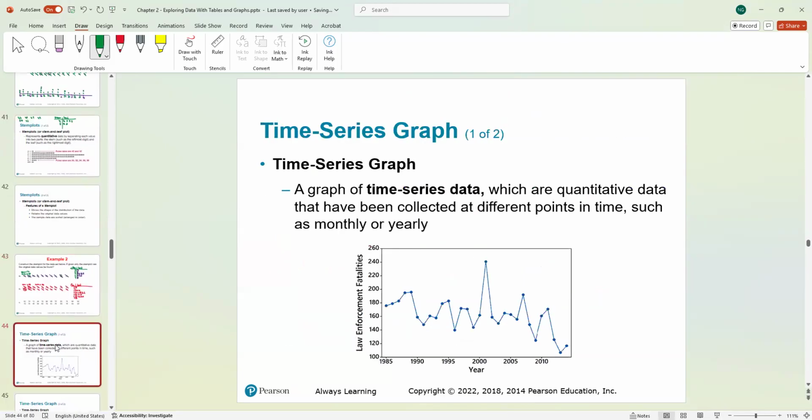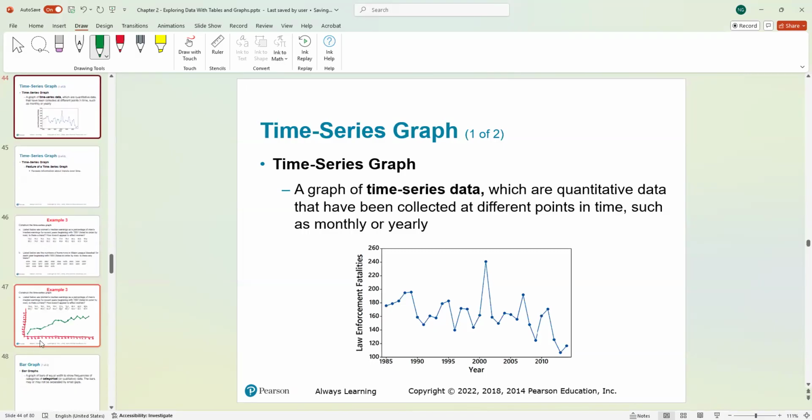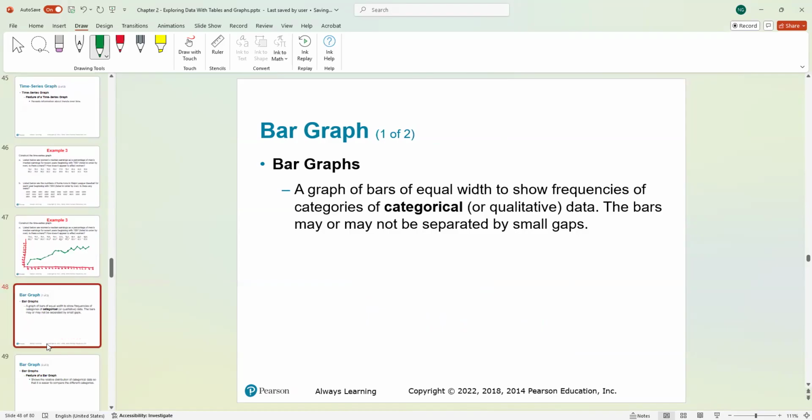We also completed a few exercises on time series graphs, another wonderful graph that we can use to display quantitative data. All three graphs that we used in the previous video display quantitative data.